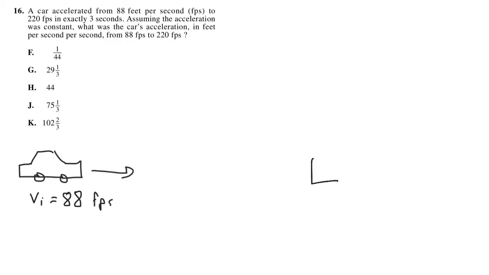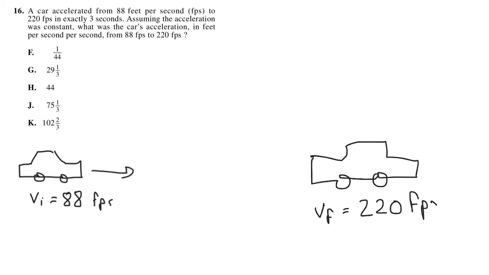And when the car gets all the way over here, I'm going to write final velocity is equal to 220 feet per second. And how much time did that take? 3 seconds.